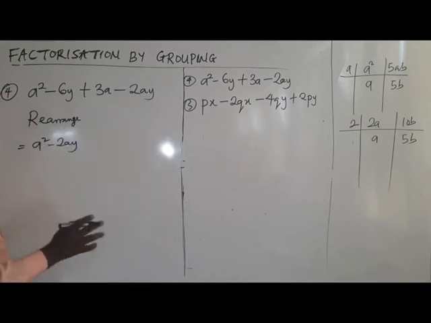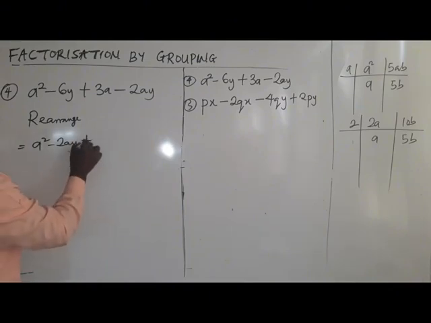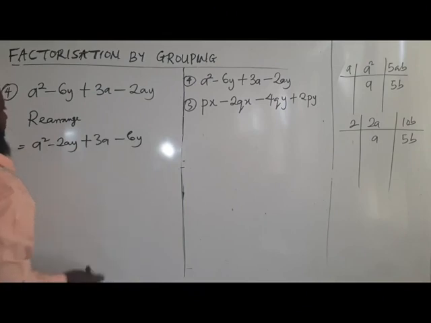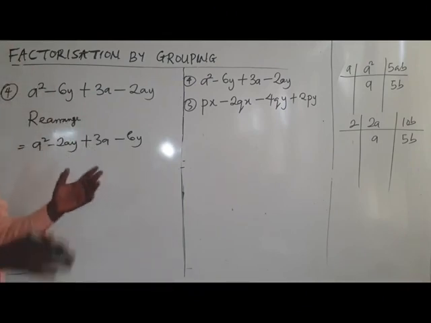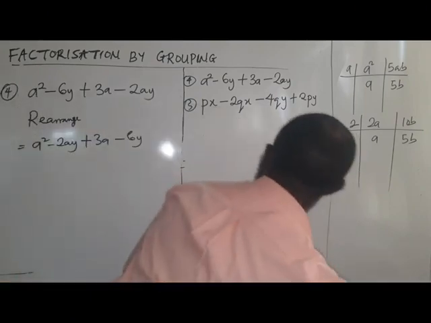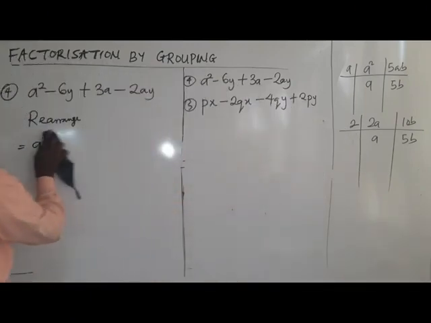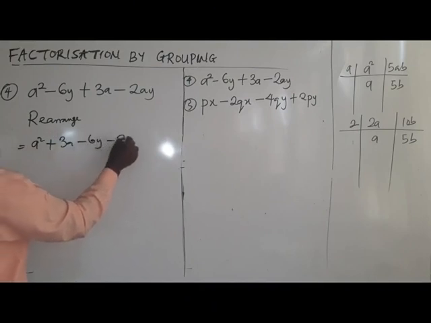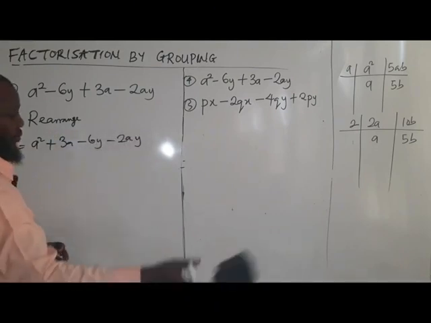Let's just rearrange anyhow first. Plus 3a, and put this at the end, 6y. If you rearrange it in a particular way and you do not get it right, rearrange again. So we have a squared plus 3a minus 6y minus 2ay. Let's see what we're going to have.